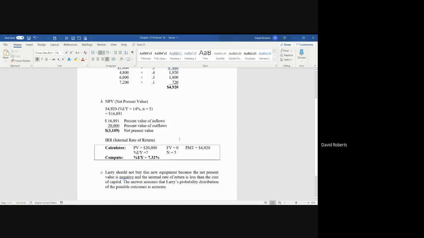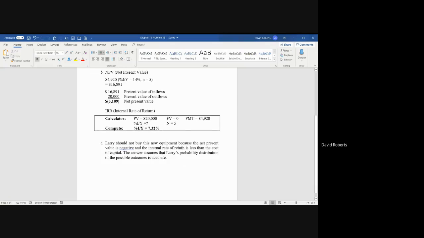In the square box, if you want to find IY, and you can also do this using the CF buttons, whichever you prefer, you would put in the present value of 20,000, and remember, it needs to be negative. So I'm going to add that. So you go 20,000 plus minus, which I think most, if not all of you, are comfortable with at this point.